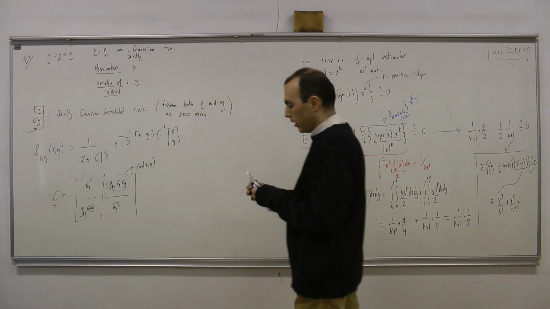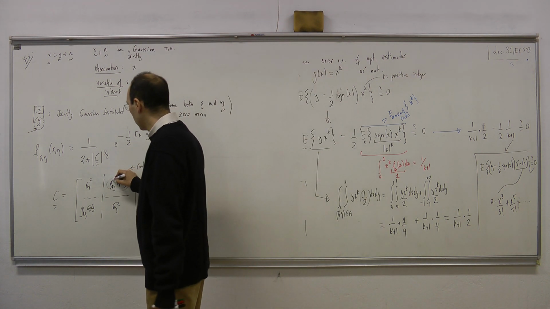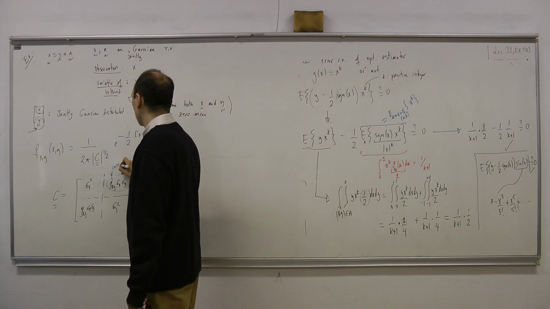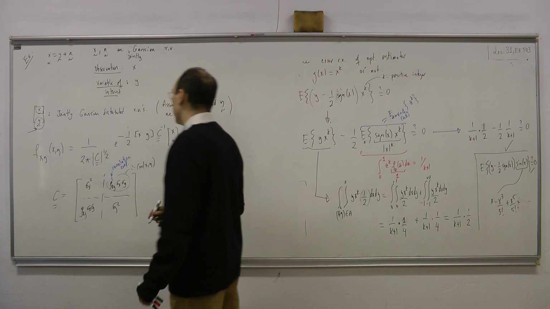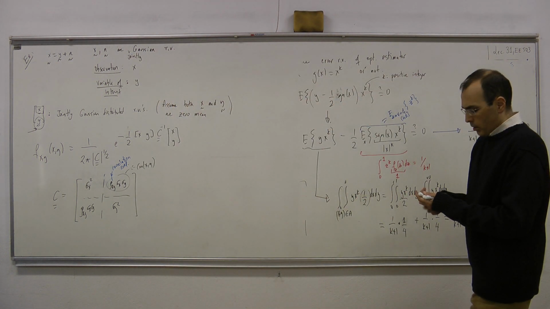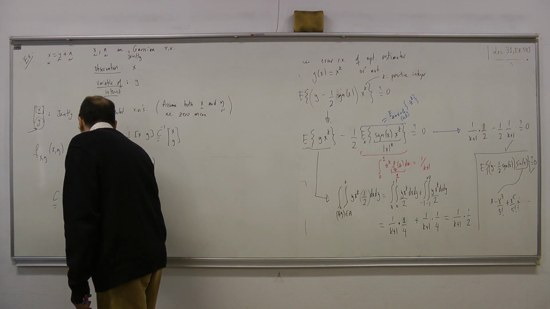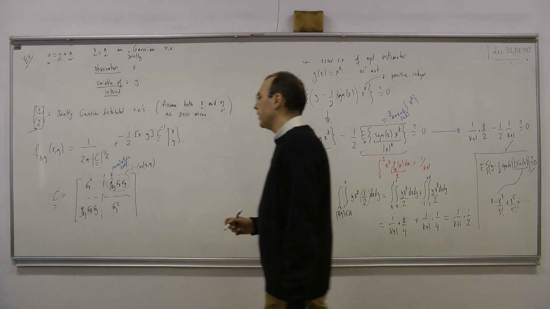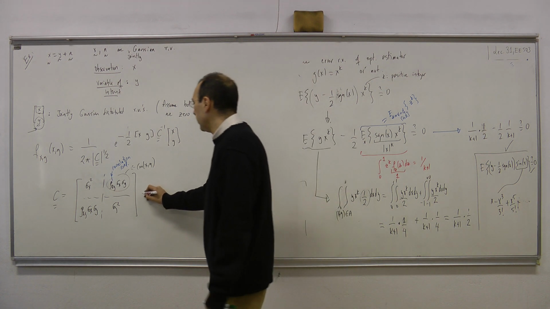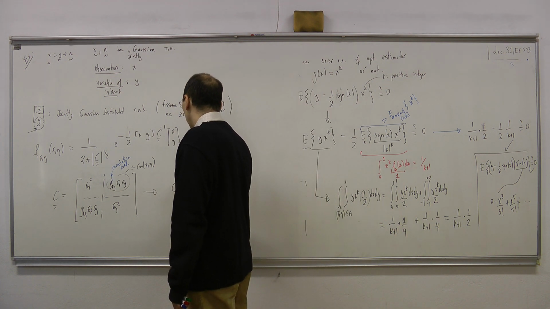Okay, where this is the correlation coefficient. And this is a symmetric matrix. Let me write this a little better. So to calculate this density, I need to take the inverse of this matrix. Let me try to calculate the inverse.